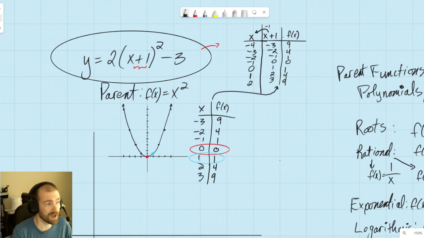Up here we look at our f of x values. And again, f of x is just this portion. So, I did that wrong. Hang on.